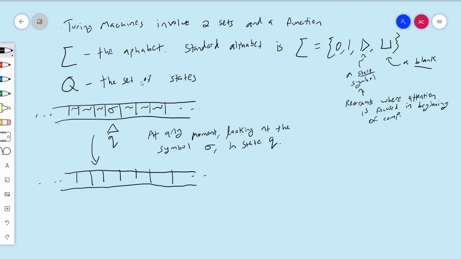Let's just say it moves, for the sake of argument. So my visual attention will change, but only to one adjacent cell. It's going to change into a new Q, so the state of mind will change from Q to Q prime. And this symbol here will have changed into a new symbol, sigma prime. Then I'll be focused on a new symbol on the next step.